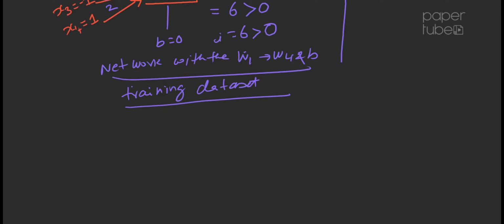So both should be okay. Which means this perceptron is solved, and the corresponding weight and bias that we calculated, we can consider as the final value. And that's all for now.